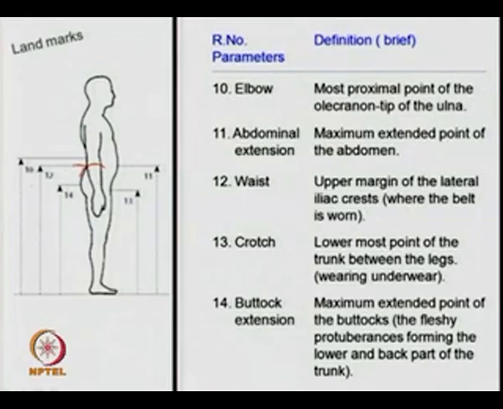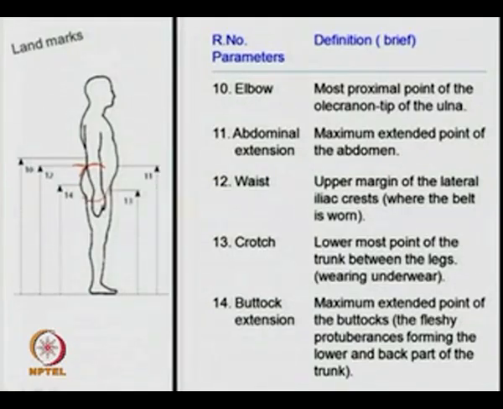So, this is the waist point. The crotch, for male and female, is the lowermost point of the trunk between the legs, the underwear wearing position.